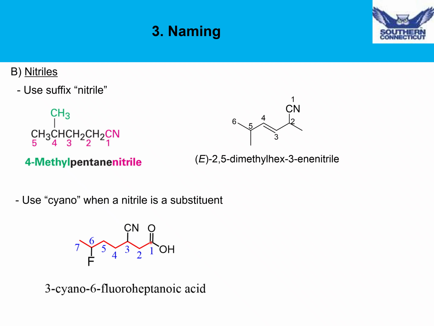This compound has 7 carbons in the longest chain containing the carboxylic acid, and so we would name this as a heptanoic acid. We have a substituent on carbon 3, which is a cyanyl group, and another substituent on carbon 6, which is a 6-fluoro substituent.